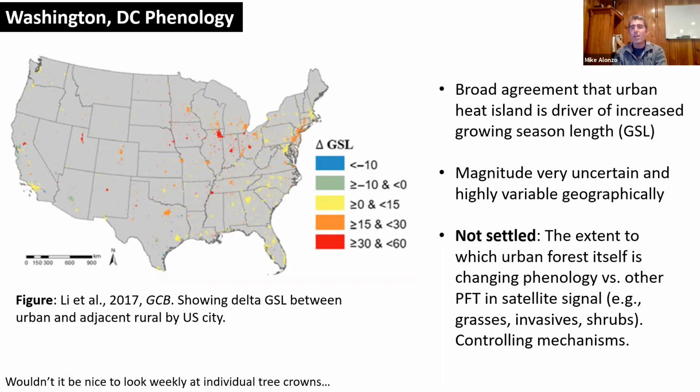And also, when people are measuring this from satellites, are they measuring actual changes in urban tree phenology, or are they measuring some incursion of different plant functional types like turf grass or increasing vine cover, making it look like trees are leafing out earlier, or other non-native things going on? So these are not entirely settled questions.